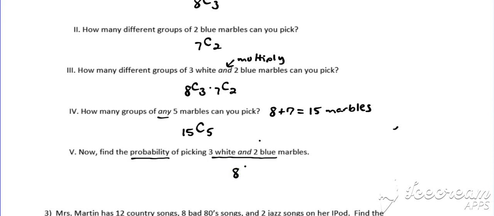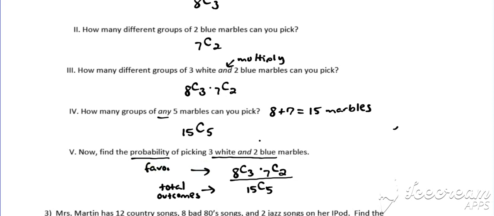So that's our 8 choose 3 and our 7 choose 2. So that would be our numerator. And then our denominator is our total, which is 15 choose 5. So again, this is our total outcomes. And this up here is our favorable. This is what we want to happen.